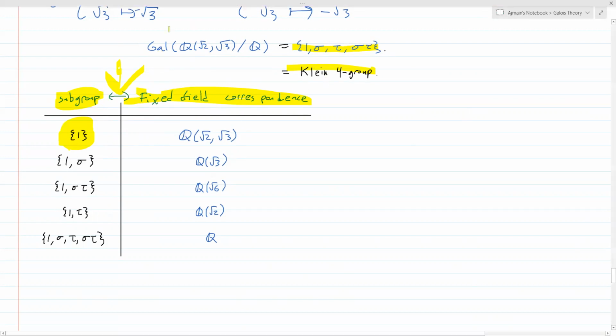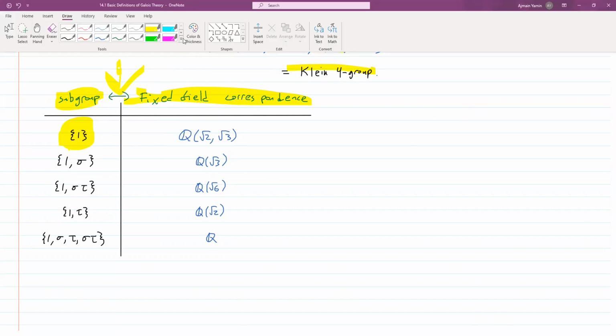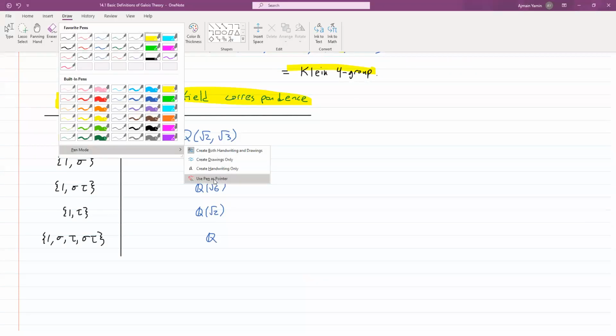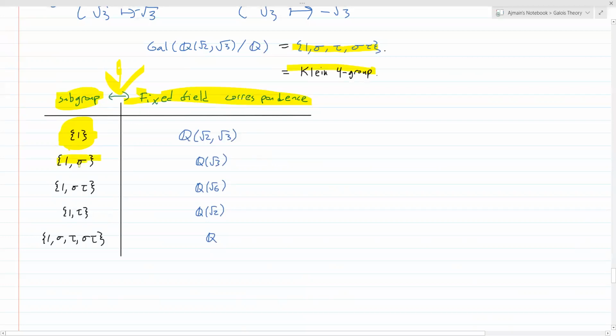There are these many subgroups, and there are only 3 non-trivial subgroups. So first of all, there's the identity subgroup that's always there, and there's the full group that's always there. And then there's the group generated by sigma, the group generated by tau, and the group generated by sigma tau.